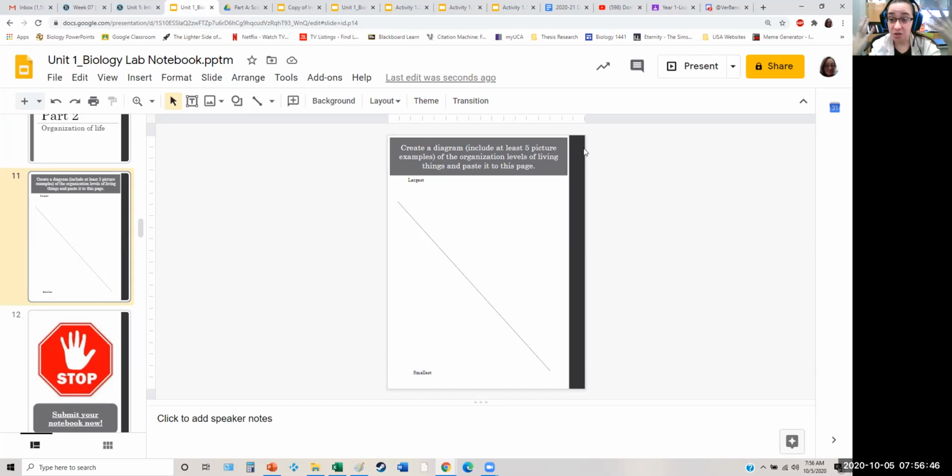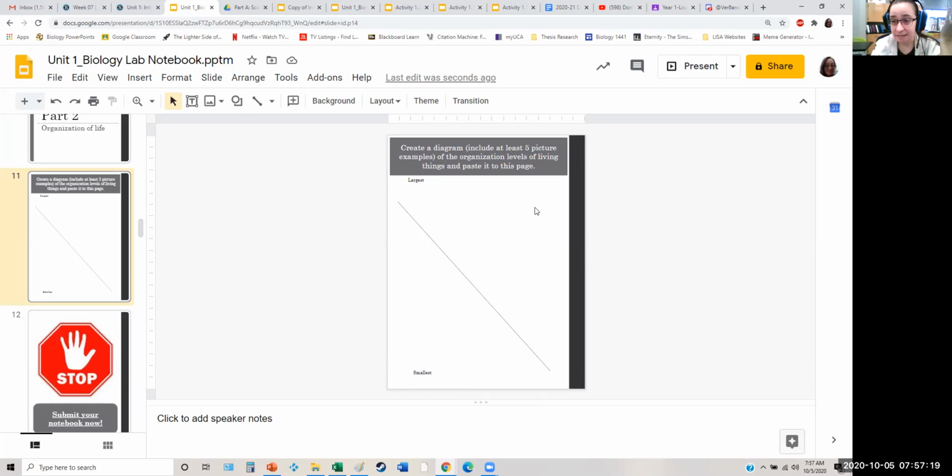I just want you to pick 5 different ones, have those on, you just fit them on the slide somewhere, and label them. Or draw a line to the picture. So you can put the picture anywhere and then you draw a line to the organization level that it represents. Okay, and that's all you have to do.